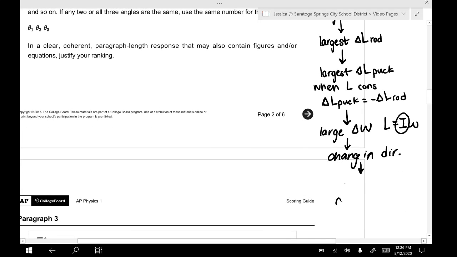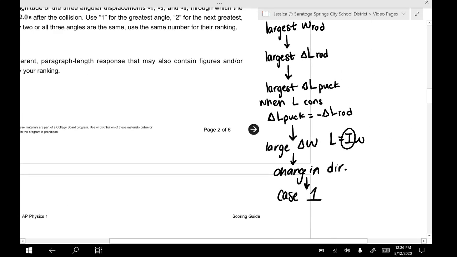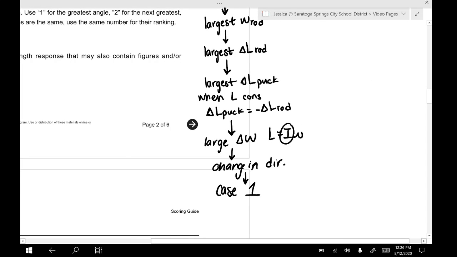And that's going to happen in case 1. Okay. So without changing direction, the next largest change in angular velocity is going to come if we come to a stop, because you're essentially losing all of the angular velocity of the puck.